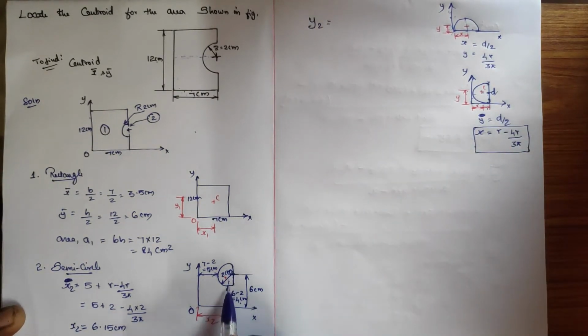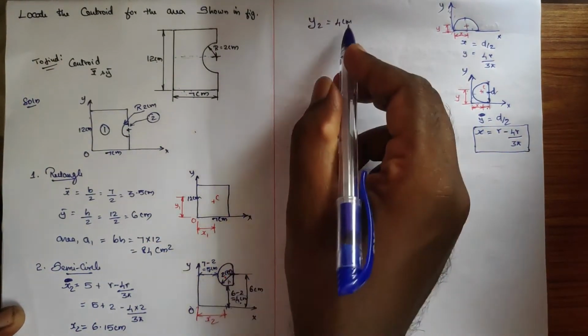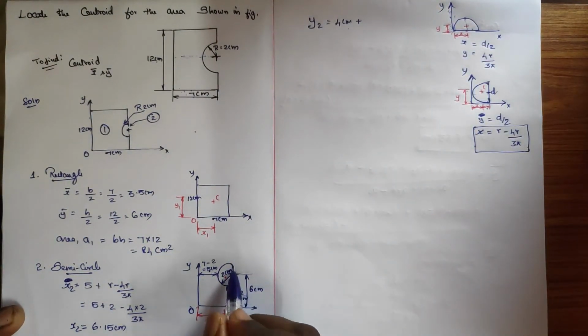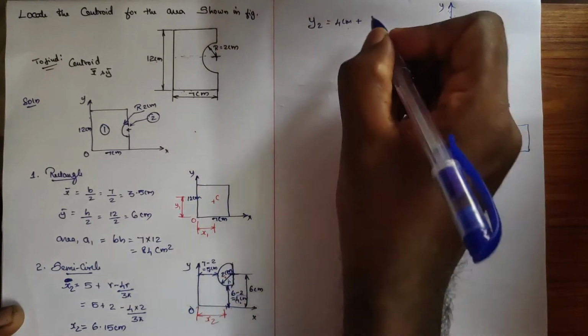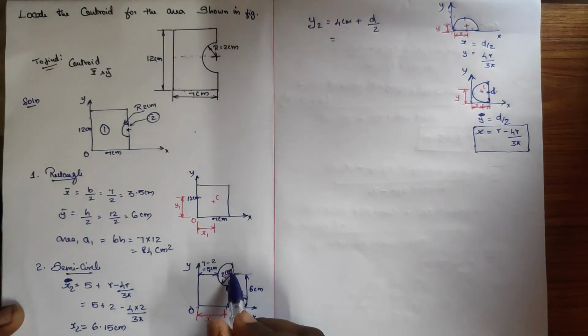Then y2 is easy to calculate, which is diameter d. This gap I have identified, which is 4 centimeter. Now this gap, 4 centimeter, plus the self-centroid for this particular semicircle in y direction, which is d divided by 2. That is the gap plus the self-centroid.